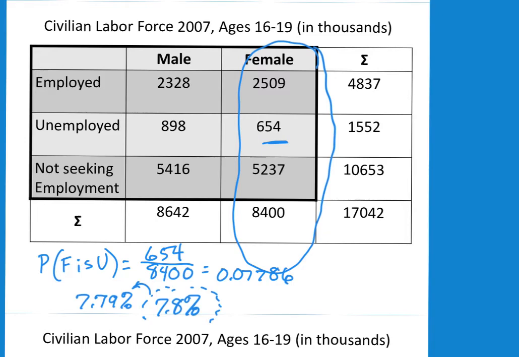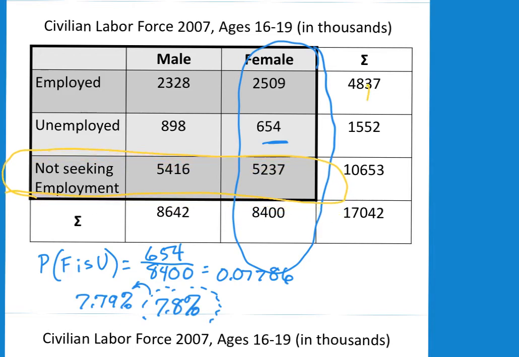Just because probabilities we're used to expressing in percentages. So if you randomly select one, not all of those people, just the female people, if you look at all the female people in this survey, the probability of choosing one that is unemployed is 7.8%.